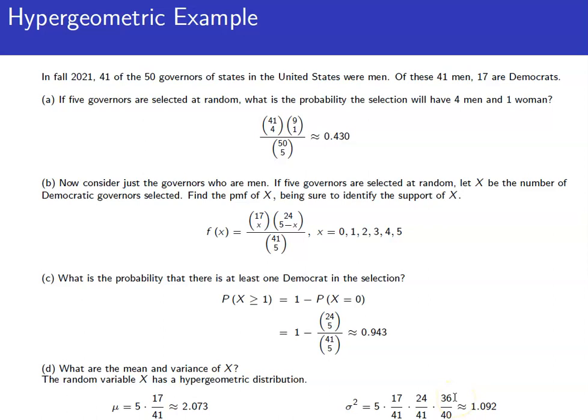So in this case, total number is 41, number you're selecting is 5, so this is 41 minus 5, that's where the 36 comes from, over total size of the sample space minus 1, or 40. And if you simplify this in this case, you'll get 1.092.